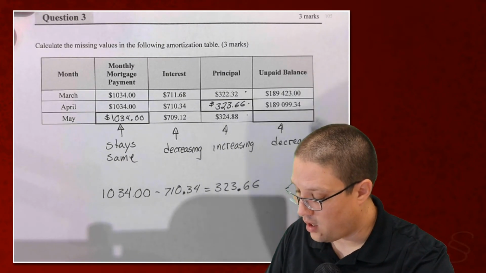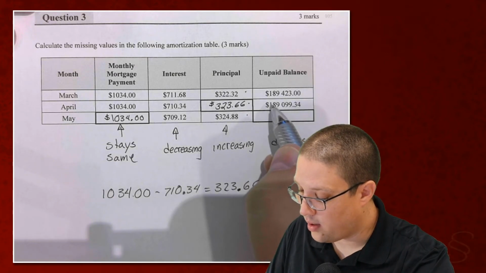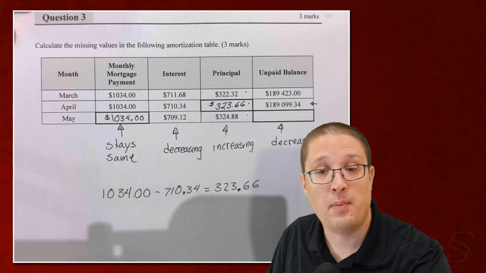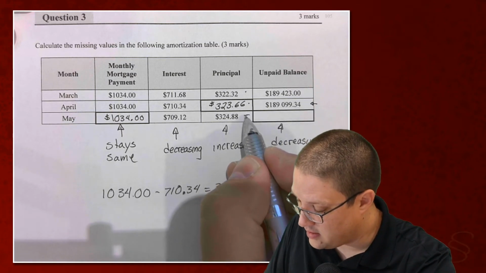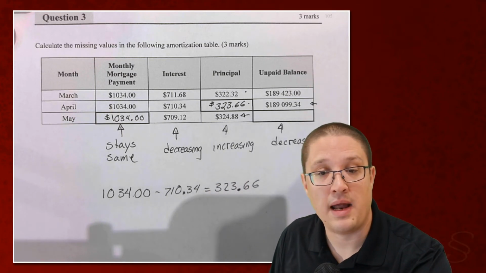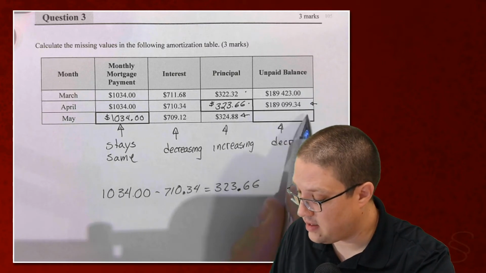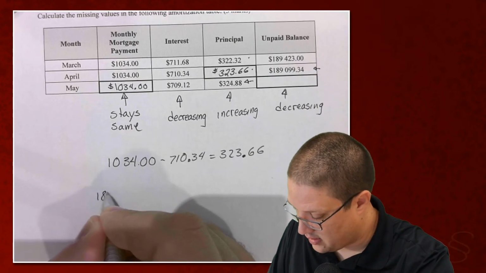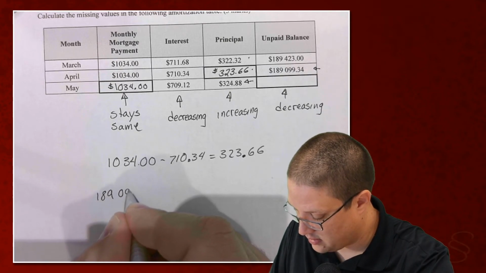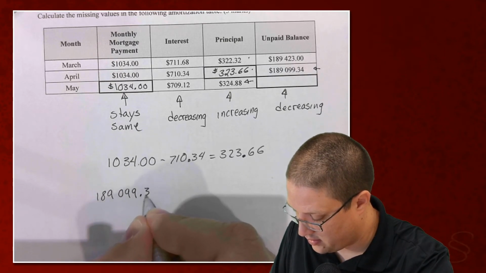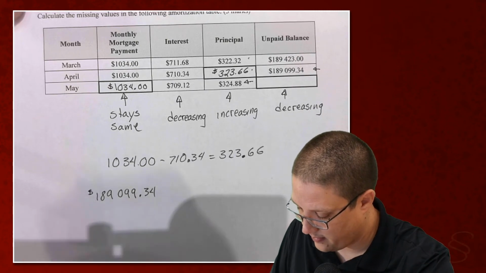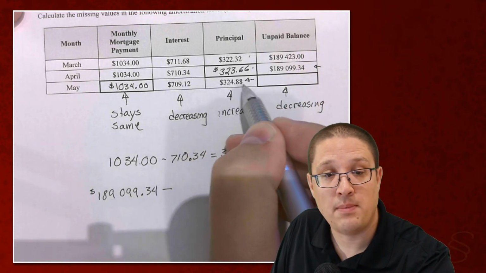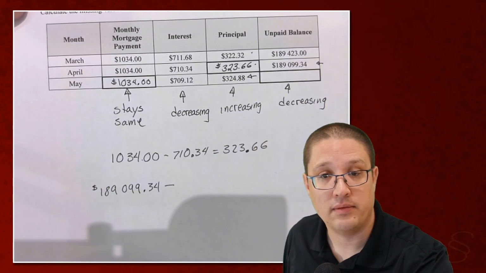So this unpaid balance here, what I'm going to do is this amount is what I was left with at the end of April. This is how much I paid off in May. So to find this one here, I'm going to take $189,099.34, and I'm going to subtract how much I paid off in the month of May.